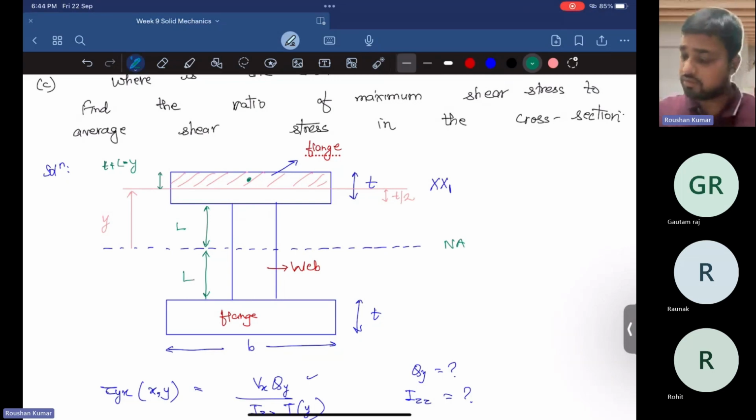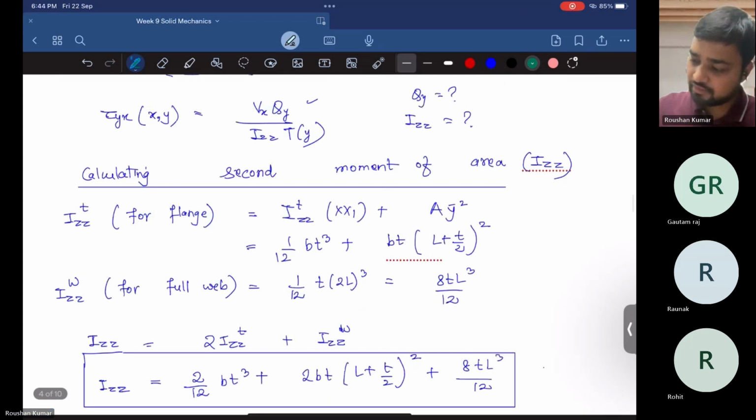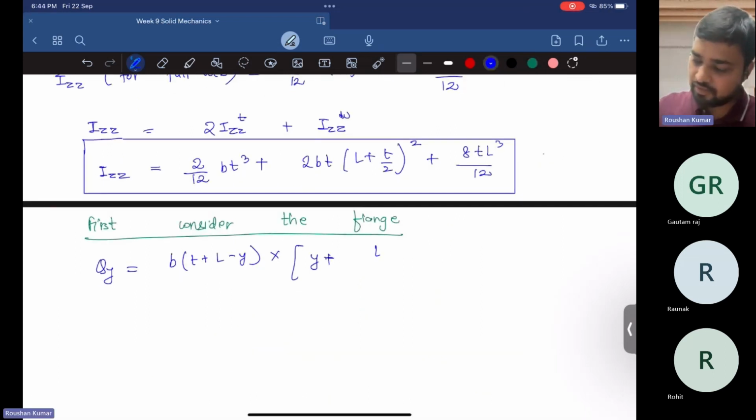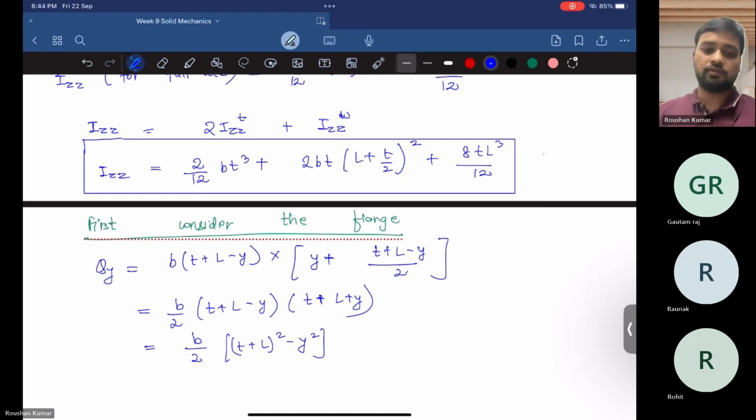Okay, so it is given by y plus (t plus l minus y) upon 2, which is nothing but b by 2 times (t plus l minus y)(t plus l plus y). If we finally solve it, b by 2 times ((t plus l) whole square minus y square). So this is the expression for the flange.